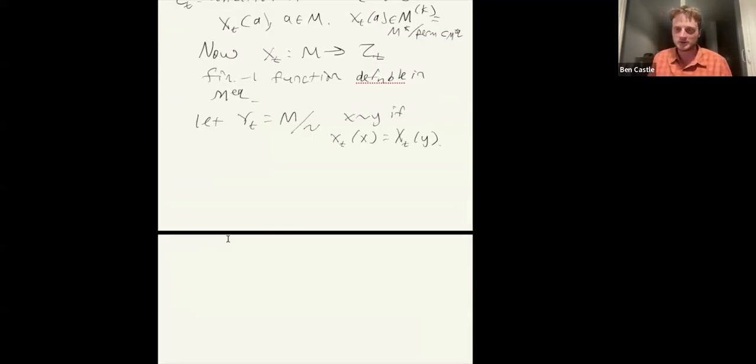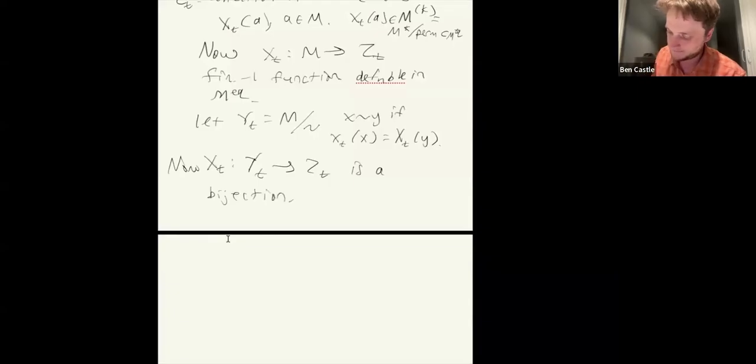We want it to be injective, so you mod by the equivalence relation of going to the same place, and now suddenly it's injective. So now xt going from yt to zt is a bijection. Okay, great. This is a completely cheap trick to turn a non-bijection into a bijection.